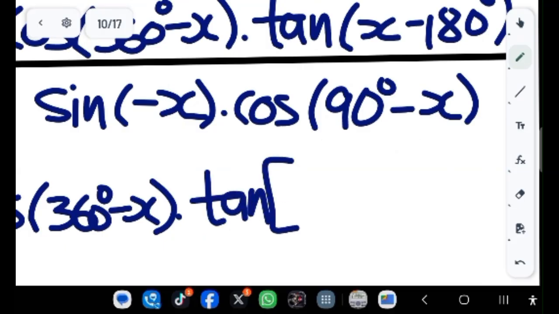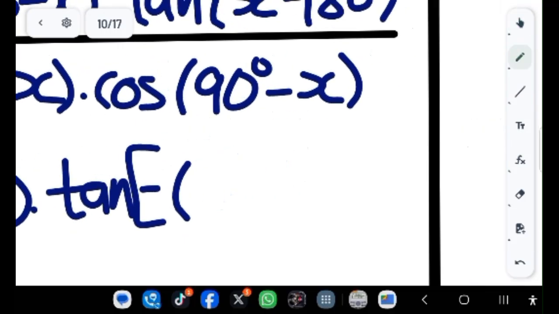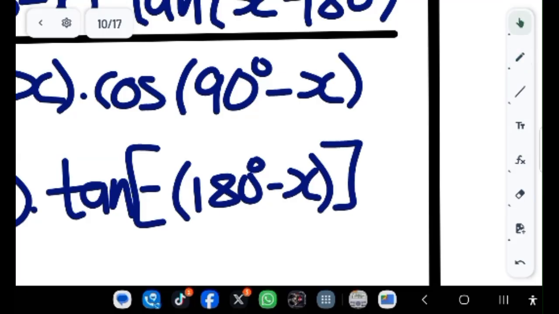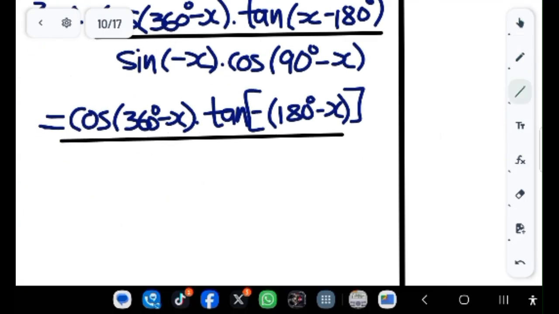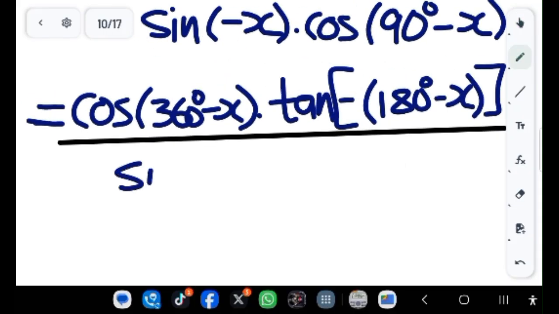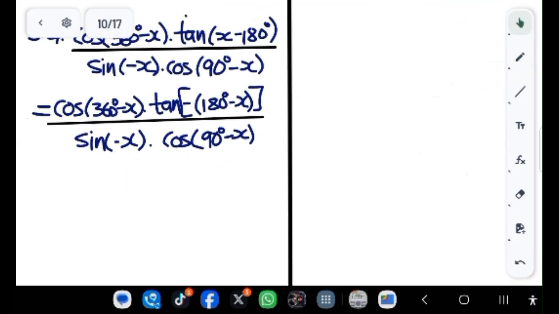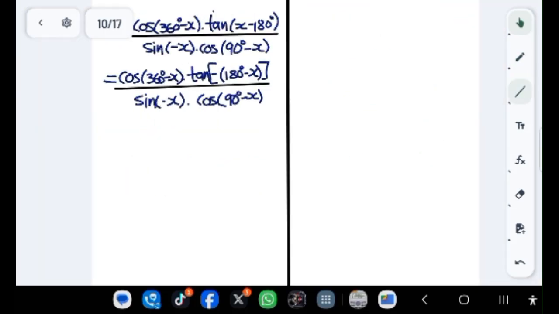So that becomes tan of minus, and now we can switch the order of the angles, 180 minus x, all over sine of negative x times cos of 90 degrees minus x. Tan of negative any angle.